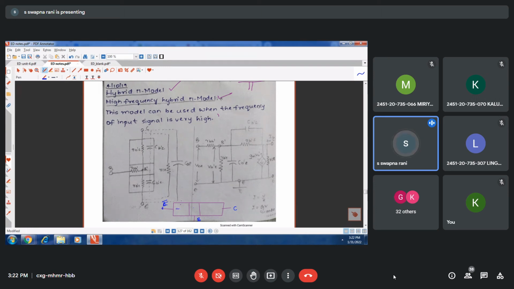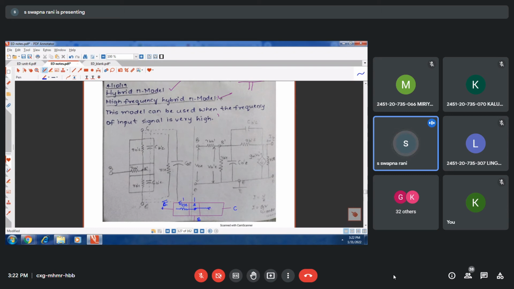The bulk resistance, or the resistance of the material present between base and emitter, is represented with RBE, and there is a node which is the virtual base. This is called the virtual base, which we cannot access. So the resistance measured between the virtual base and the emitter is represented as RB dash E.